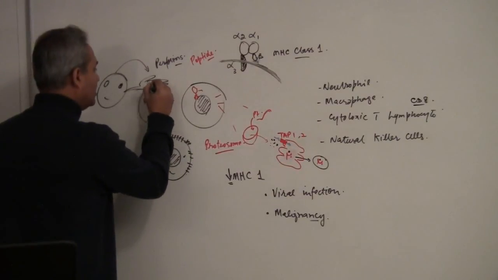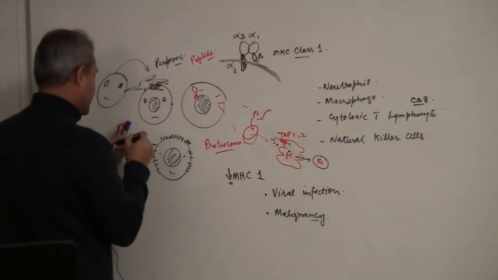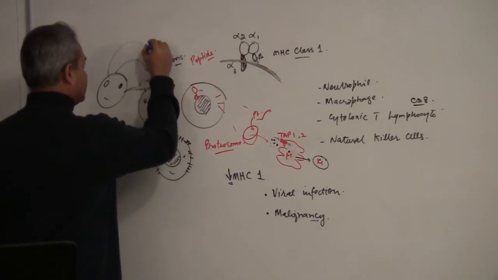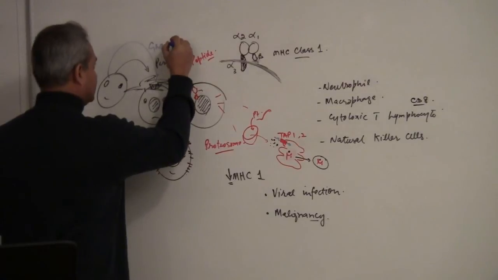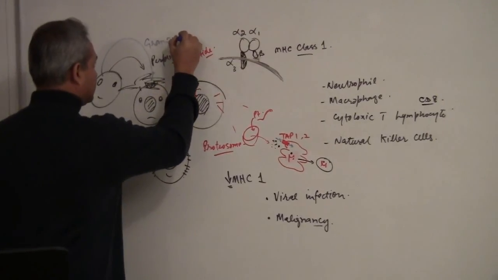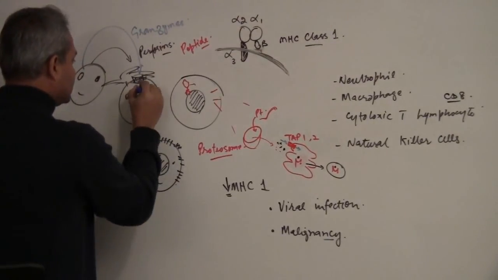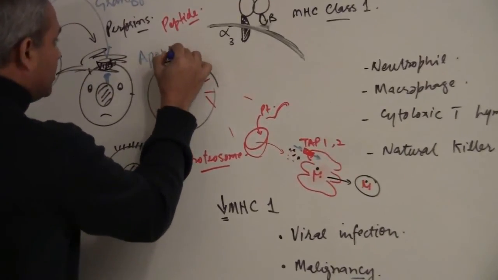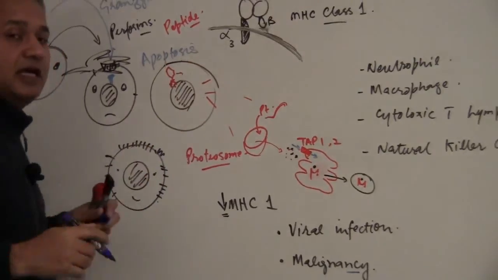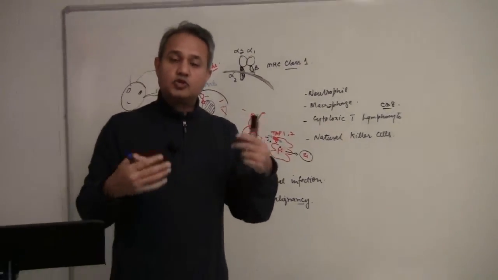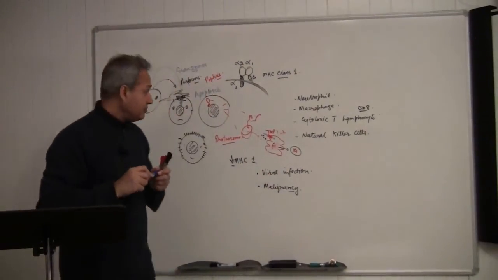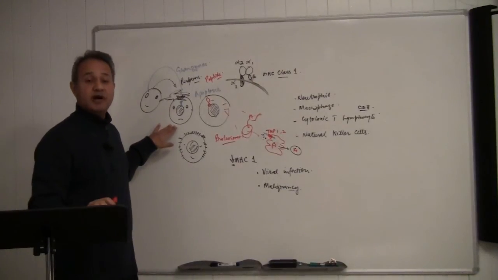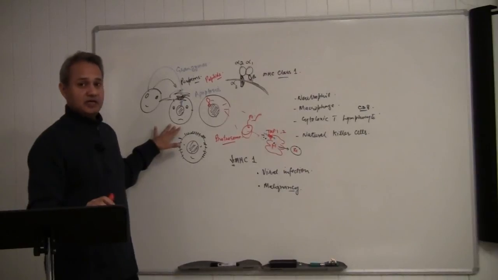Perforins cause holes in the cell membrane, and then they send granzymes, gran for grenades, which go into the cell and start apoptosis, or encourage the cell to suicide, to kill itself. So that is how a malignant cell or a virally infected cell will be killed.